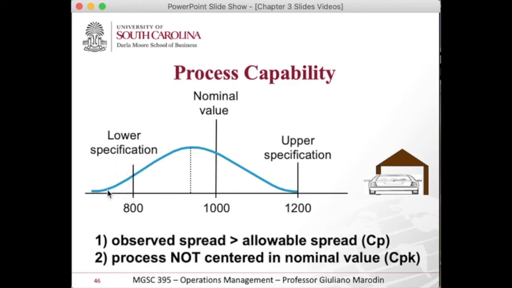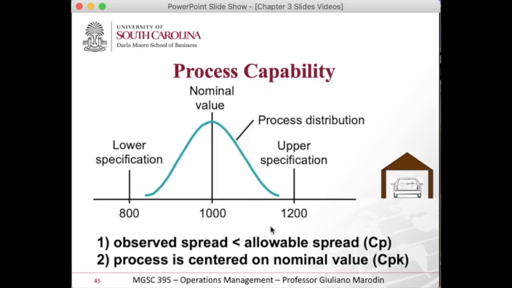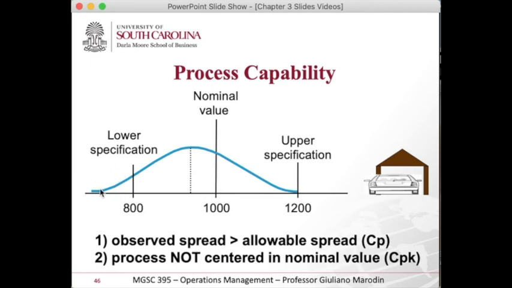And because there are a lot of defective products, or because we hit half of the wall here and maybe tear down the whole garage, the process is not capable. Okay, so this process is capable, it's producing within the limit. This process is not capable because it's generating a lot of quality problems. Okay, it's not mean centered and the variation is too high, so it's creating too many problems. The car cannot park. Okay.